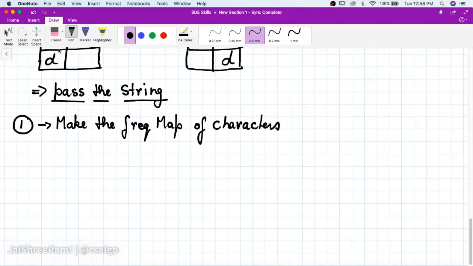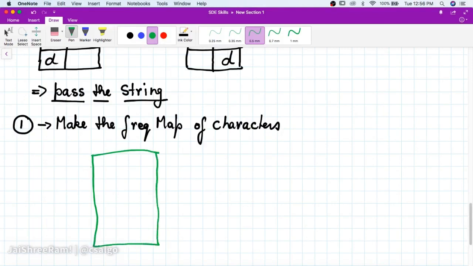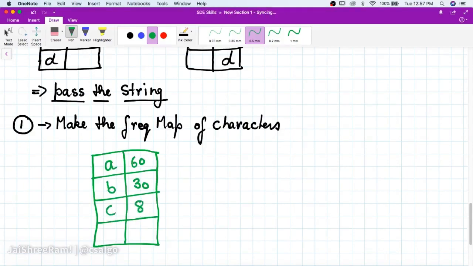So the frequency map of characters, let's say, looks like this: there was a string in which A was occurring around 60 times, B around 30 times, C around 8 times, and D around 2 times.